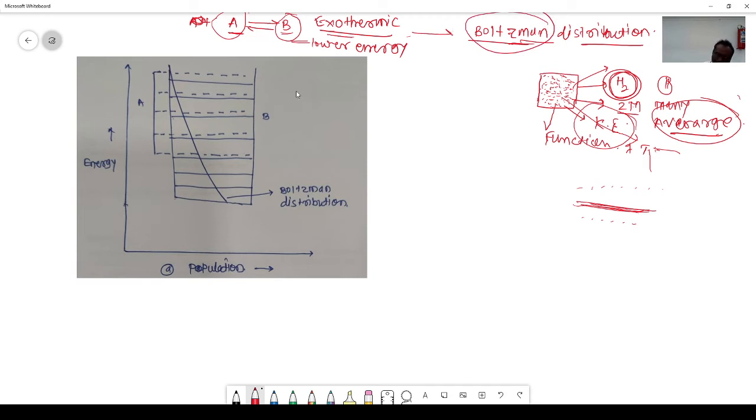Remember. Now, if we consider this A and B as gas molecules, A is converting into the product B, and this reaction is exothermic.